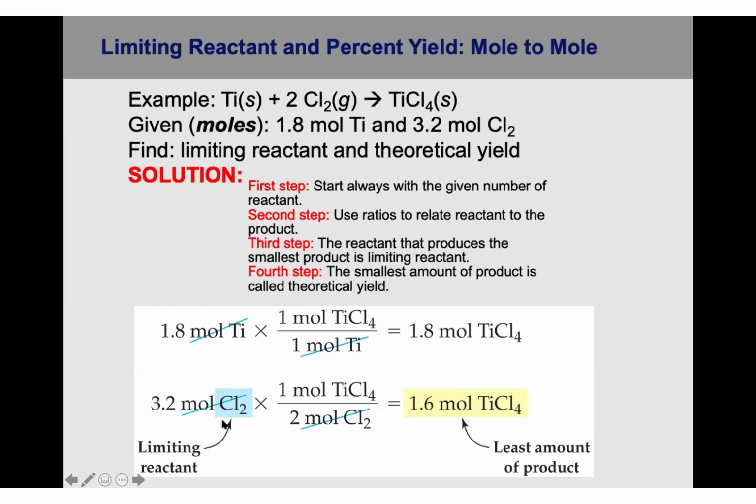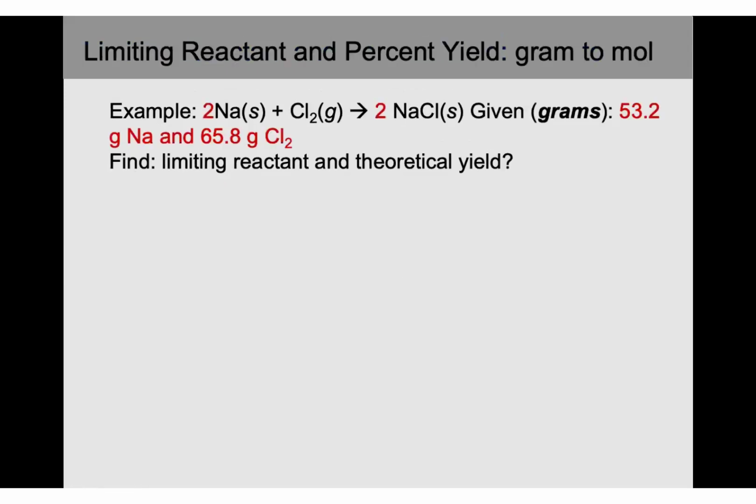So the limiting reactant always produces the least amount of product. So Cl2 is my limiting reactant, and this is my theoretical yield. My TiCl4, 1.6 mole, is my theoretical yield. Okay.